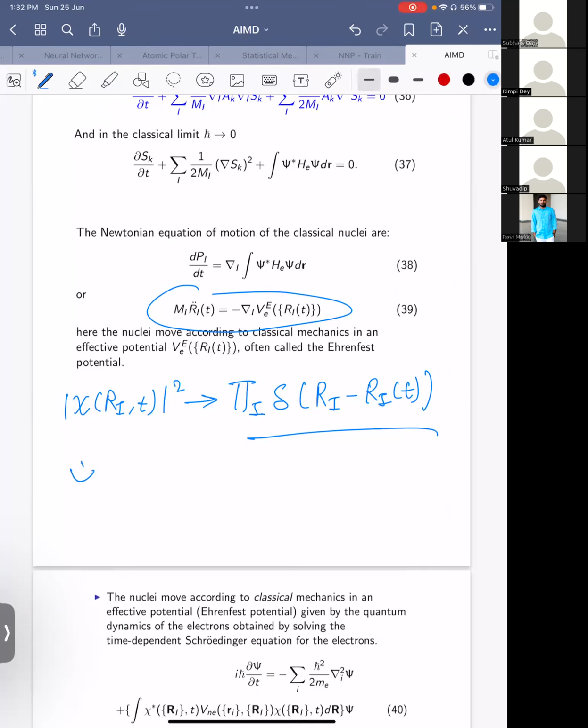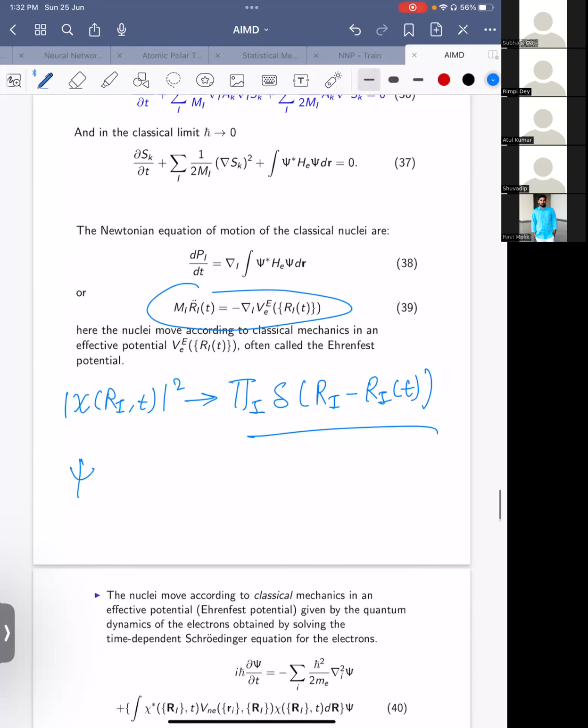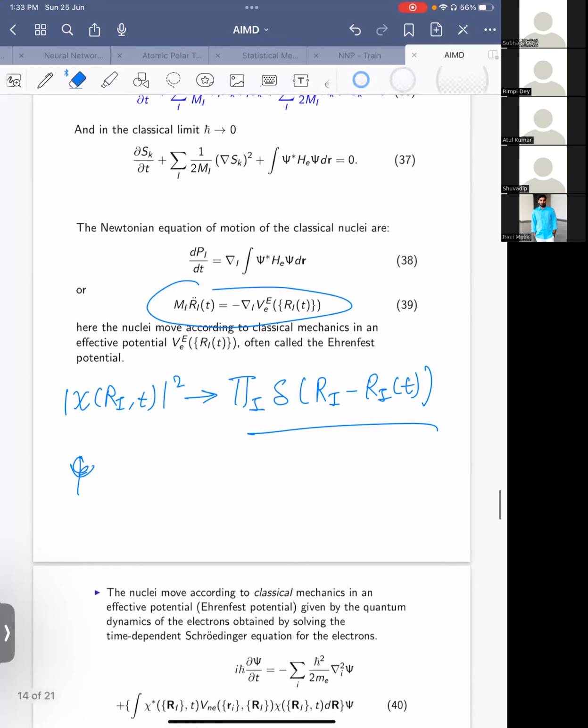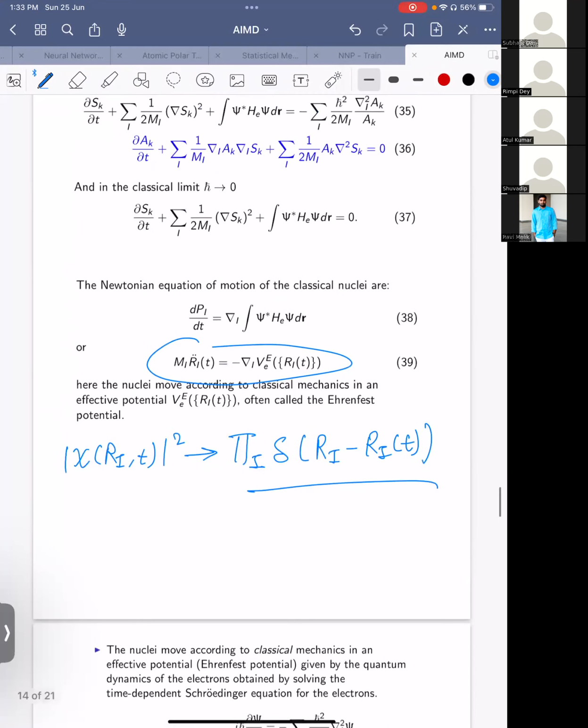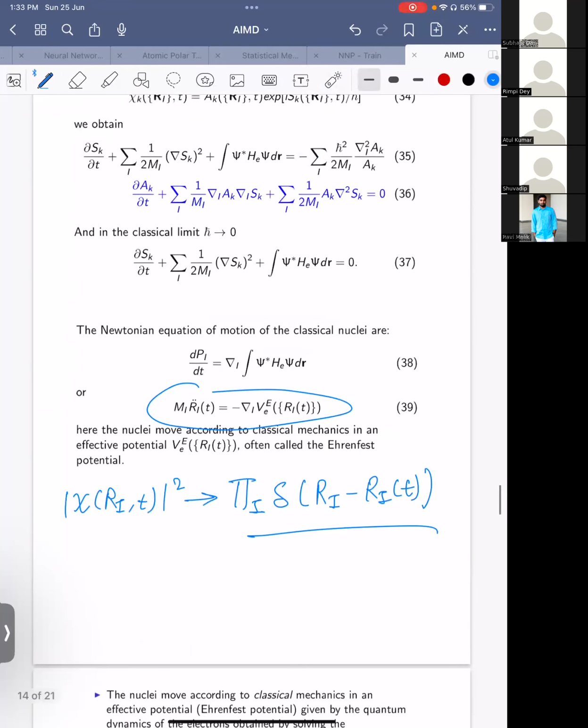We can also convert this RN-phased into Born-Oppenheimer molecular dynamics. Not converting, but if I want to use those density functions, we can use them. Go to that RN-phased part.